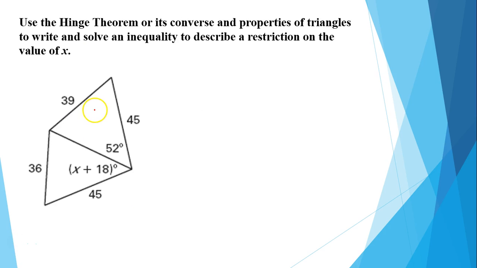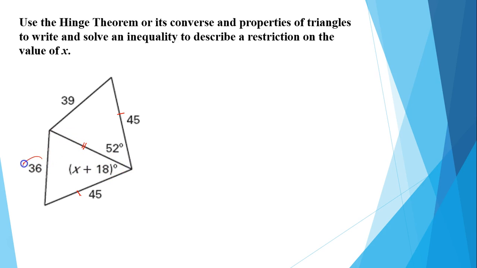Okay, so again, we're looking at the hinge theorem or its converse to write and solve an inequality to describe a restriction on the value of x. So on this one, these two sides right here are congruent because they're in common.